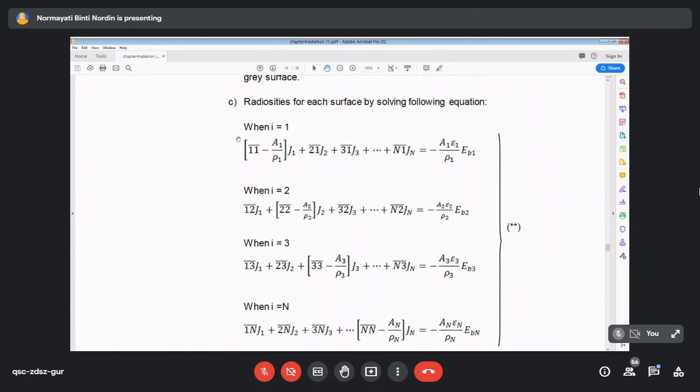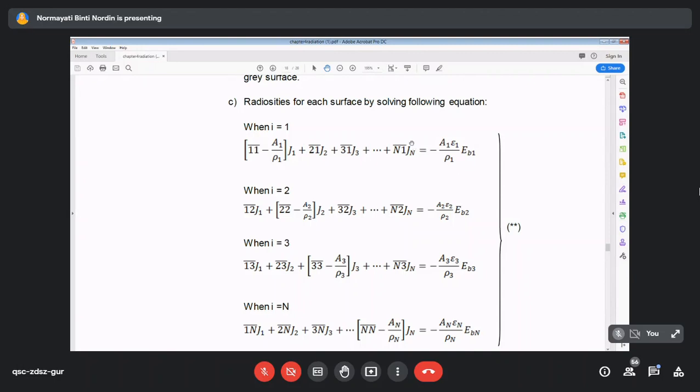Formulation ni kalau you guys dah familiar, so you no need to memorize it. So you guys dah tahu, dah familiar dengan bentuk dia. So dia adalah 1-to-1 exchange area minus A12 over reflectivity 1 times radiosity 1 plus exchange area 1-2 times J2. So ini benda yang kita nampak dia punya pattern dia, so tak perlu nak memorize pun.